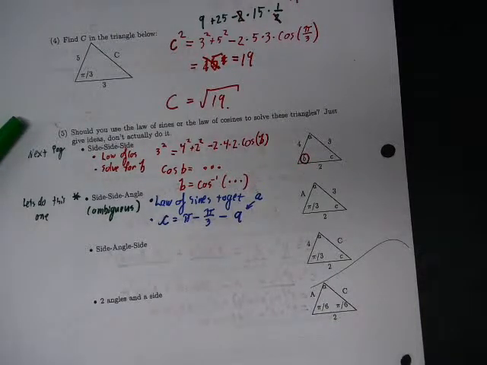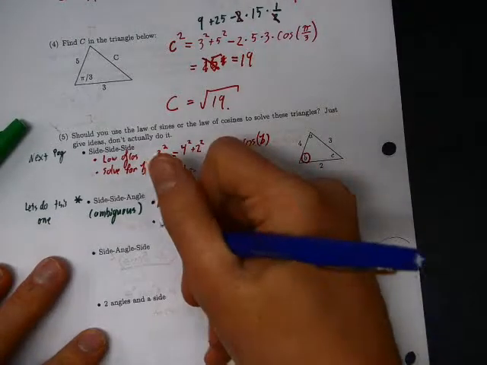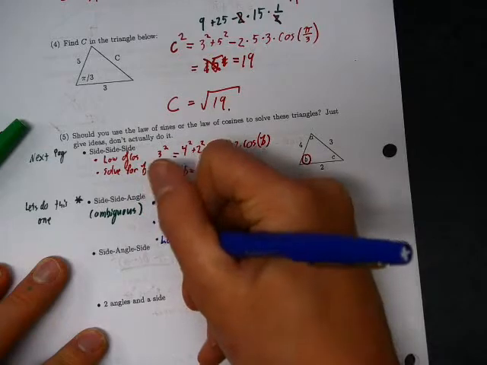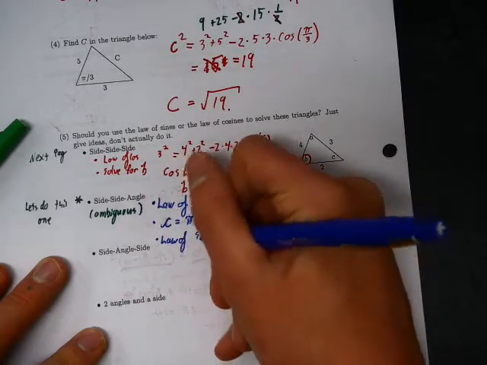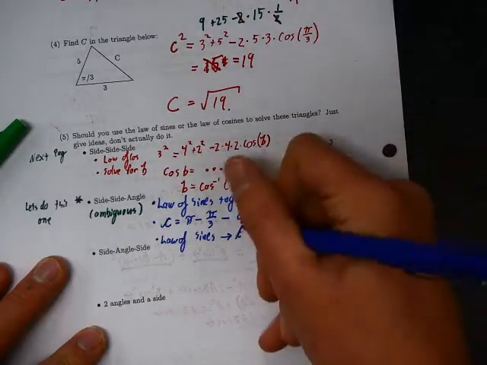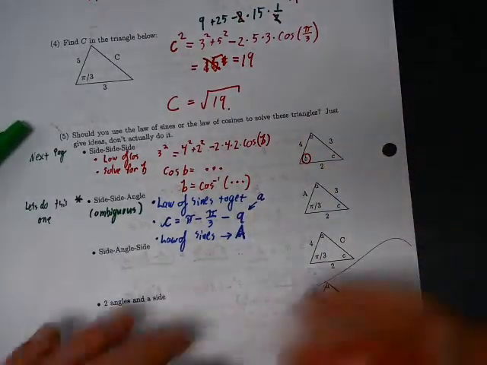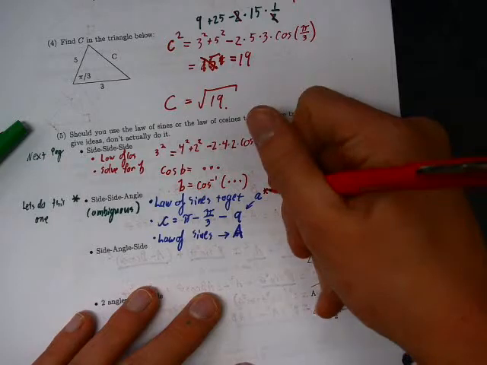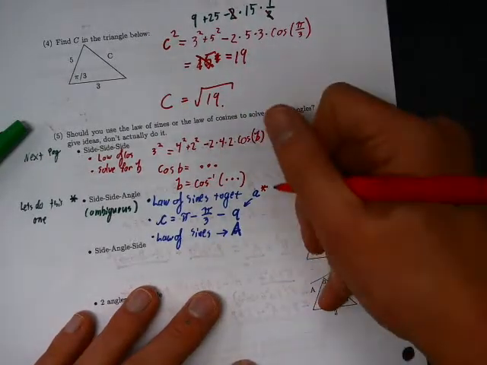And I guess the only thing left is to figure out the side length a. Do you know the angle opposite a? So you can use the law of sines again to get a.